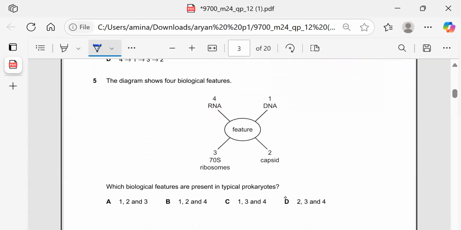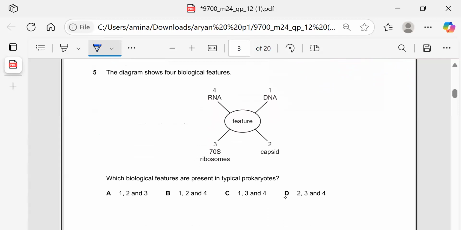The diagram shows 4 biological features: DNA, RNA, 70S ribosome, and capsid. Which biological features are present in a typical prokaryote? Precisely, the examiner wants to know whether you can differentiate between a virus and a prokaryote, which is a bacteria.